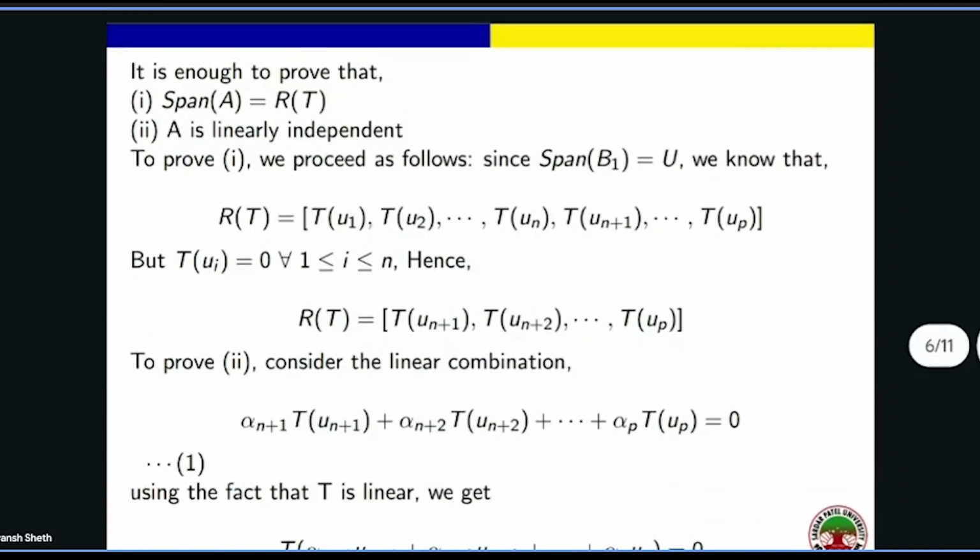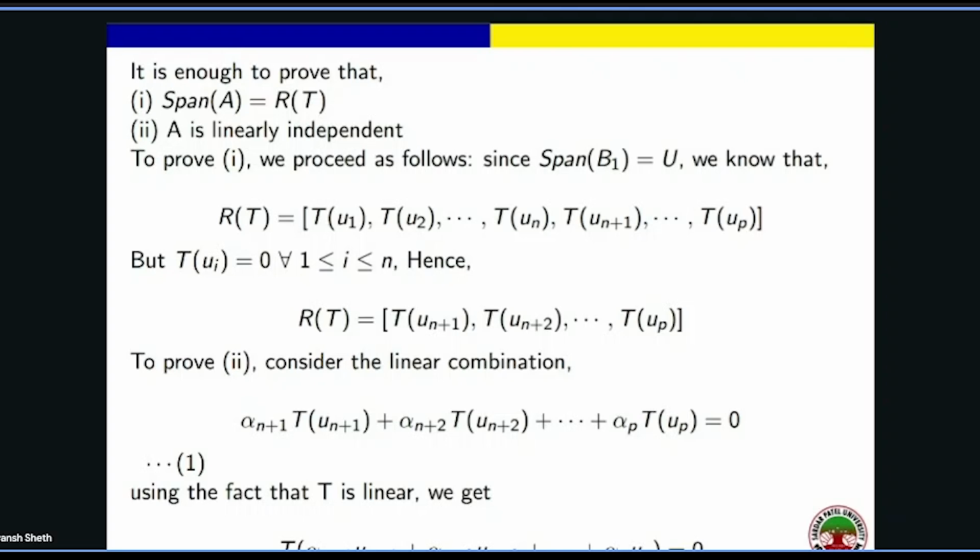Yes, so we need to show these two conditions. Now, to prove the first one, that is span of A is the range space. So we know that since B1 is a basis of U, the span of B1 will give you the domain space U. Since the basis of U are u1 up to un and then u_{n+1} up to up, those p vectors are a basis for U, then if I apply T on these p vectors, all these vectors will lie in the range space.